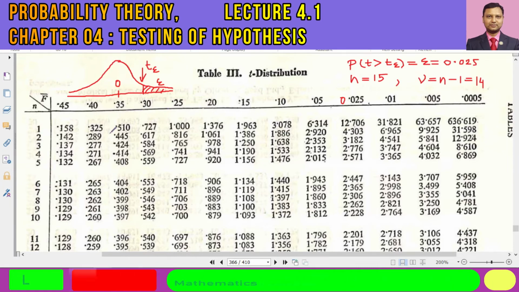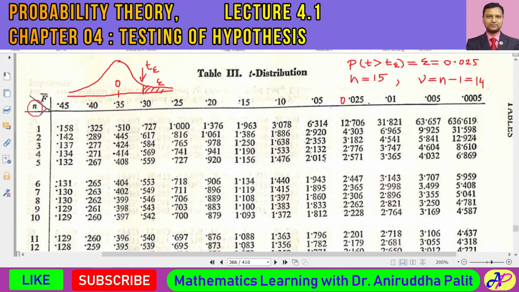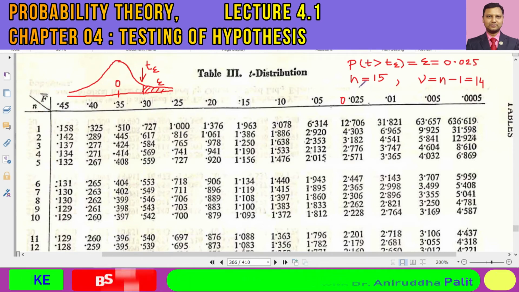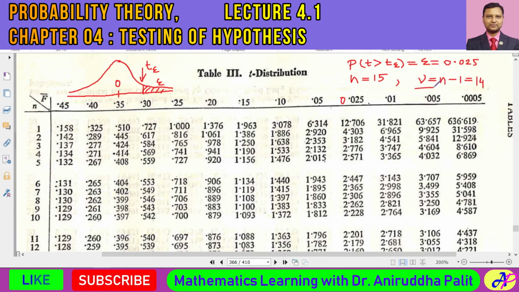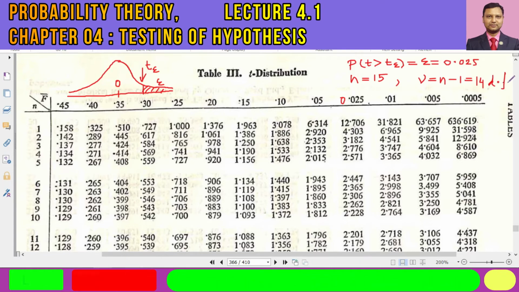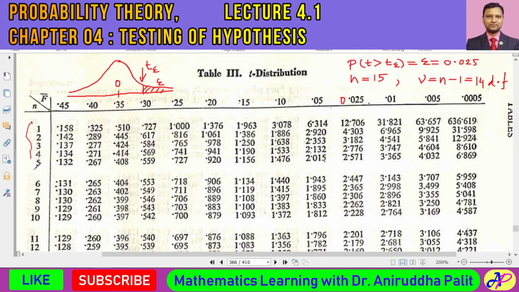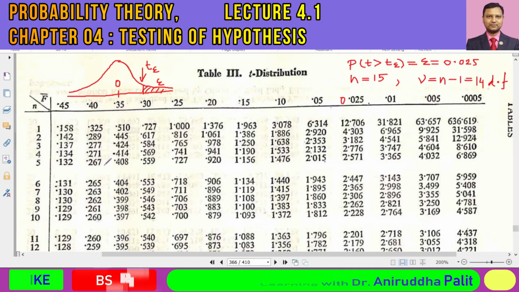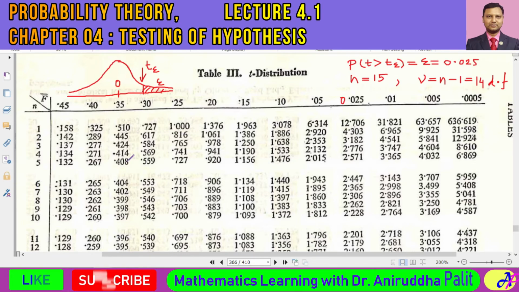In this table they have used the notation n, but in our test of hypothesis we use the notation nu. So we shall have to identify the degrees of freedom over here. It is 14, it should follow 14 degrees of freedom. This left hand side represents the degrees of freedom.